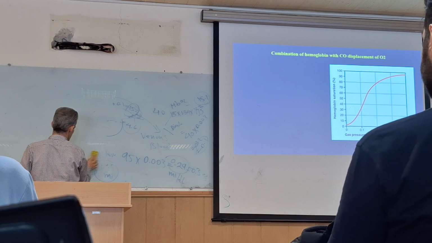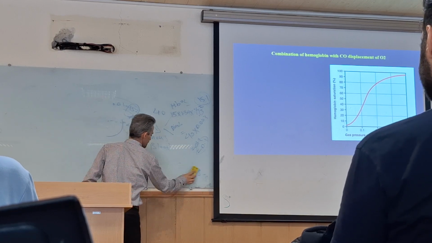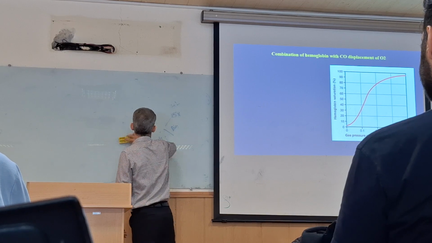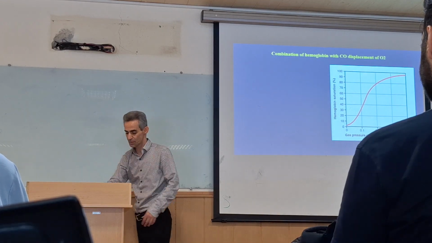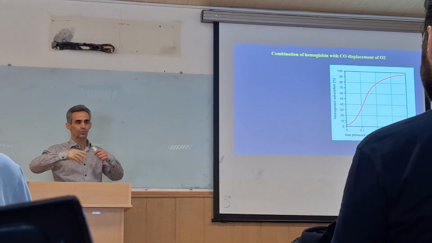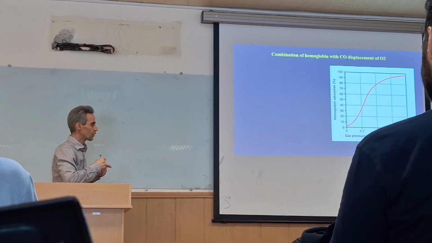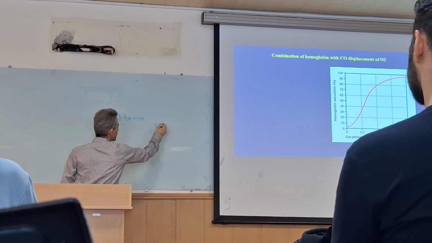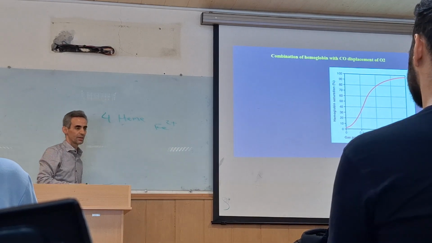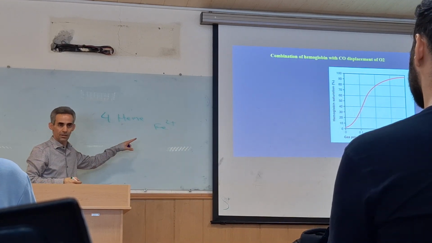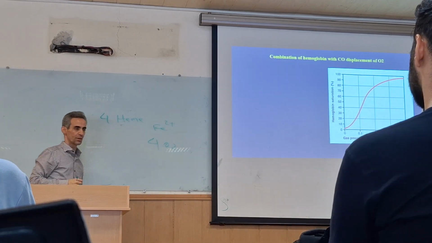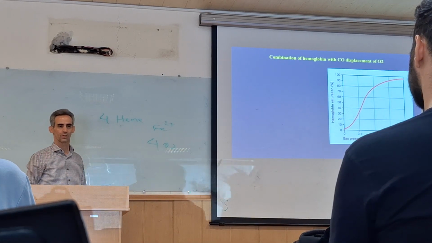You know that on each hemoglobin we have 4 heme. Okay? Because we have 4 polypeptides, each polypeptide has 1 heme. So we have 4 heme, and each heme has 1 Fe2+. So each hemoglobin molecule can carry 4 oxygen molecules.